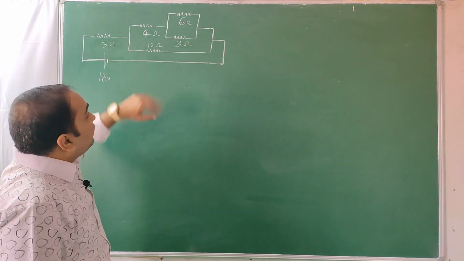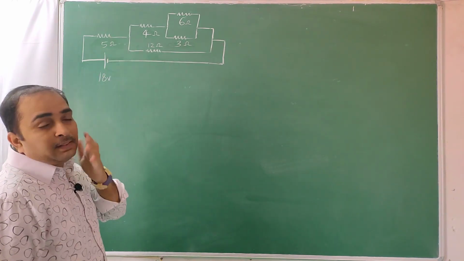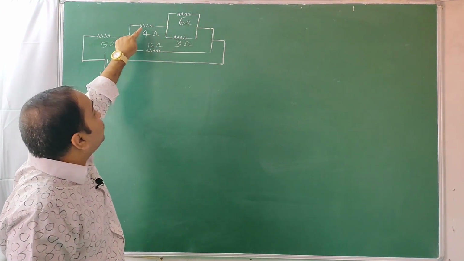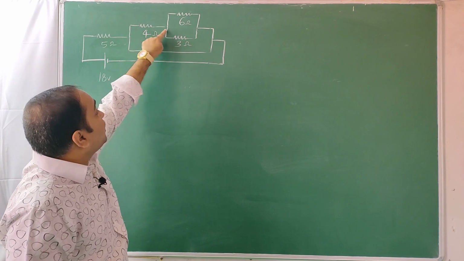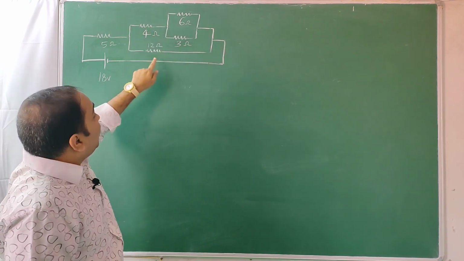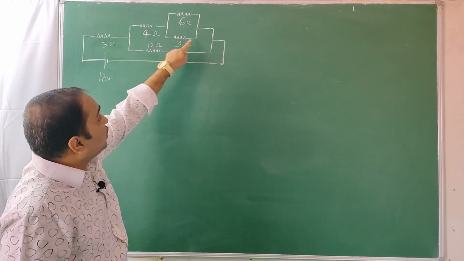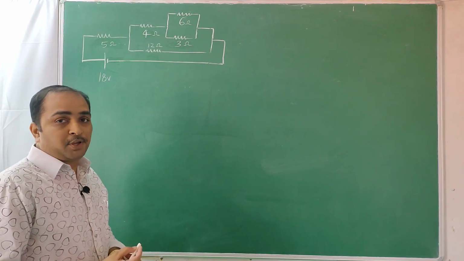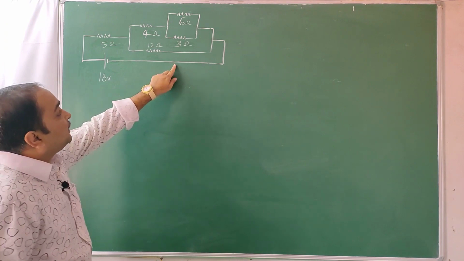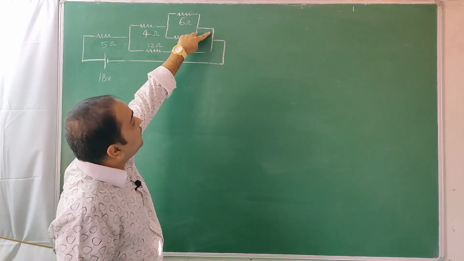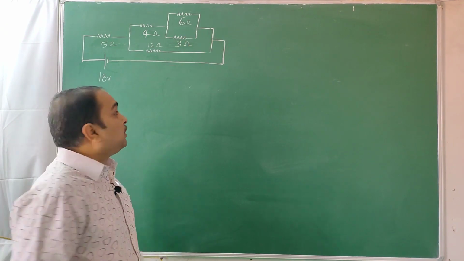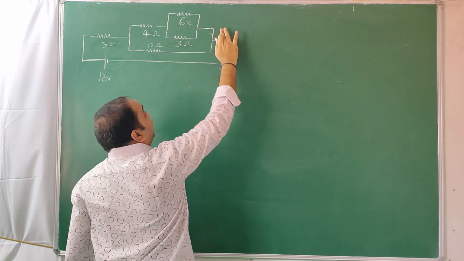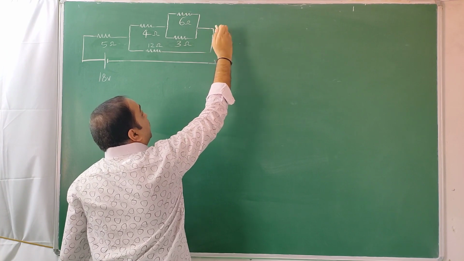Now when we start solving this problem, they can ask what is the equivalent resistance, or what is the current in this, or what is the voltage across the ends of this resistor, or current across this resistor. Like that several questions can be asked. Any question can form an MCQ. So they can ask the current in this wire, anywhere, whatever they want, they can just write one arrow mark, call it I, and ask what is the value of I. So many questions can be answered.